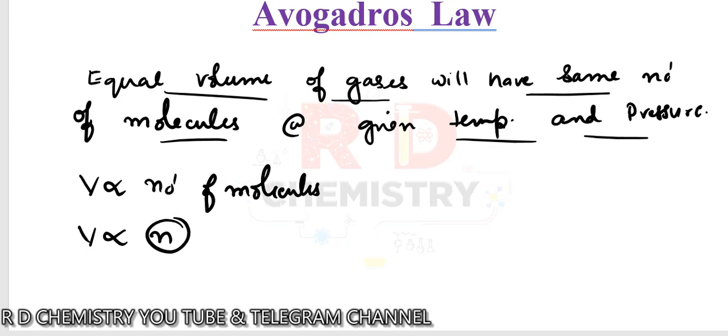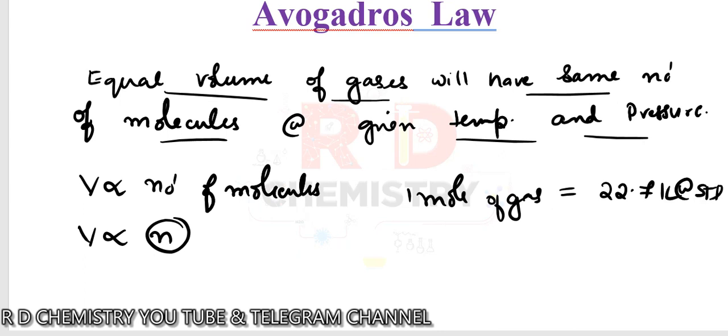When equal numbers of moles are there, they will contain equal numbers of molecules also. Now remember, 1 mole of any gas occupies 22.71 liters at STP or 22.4 liters at NTP.